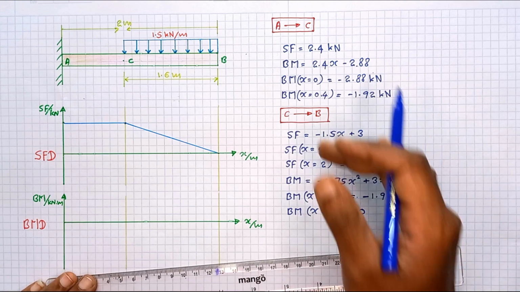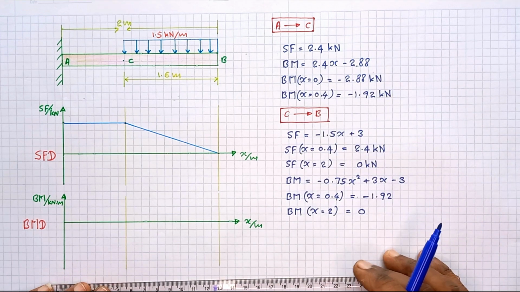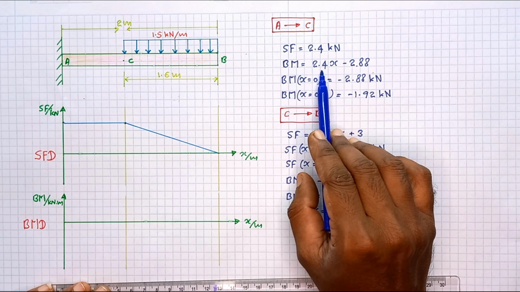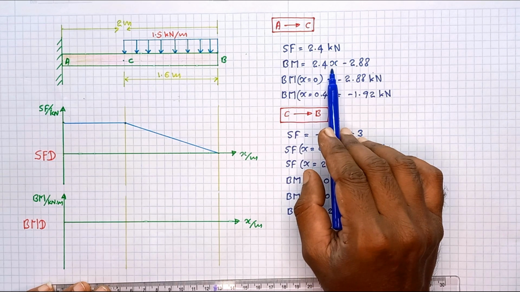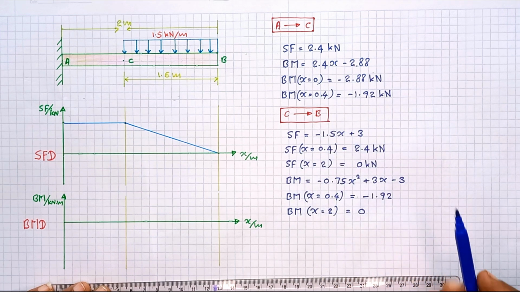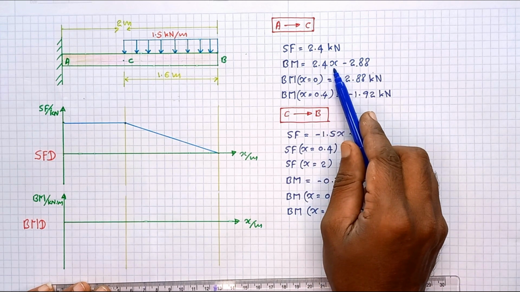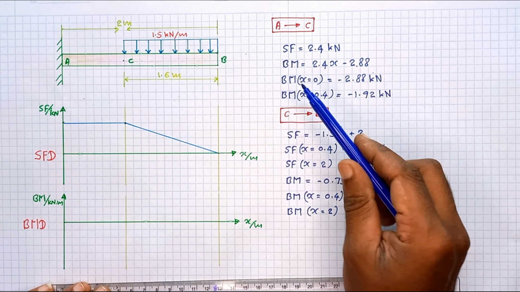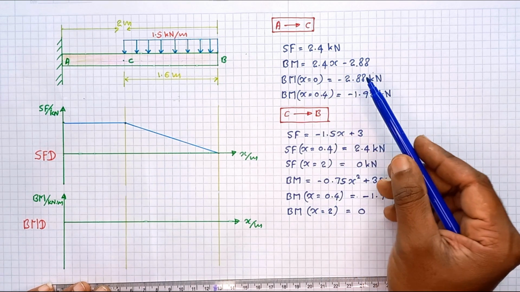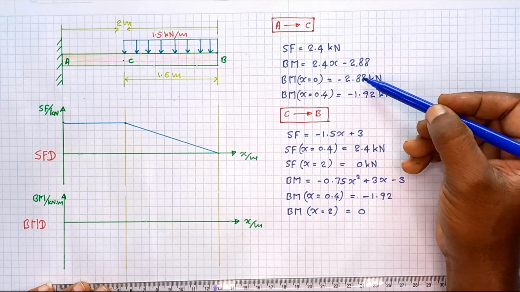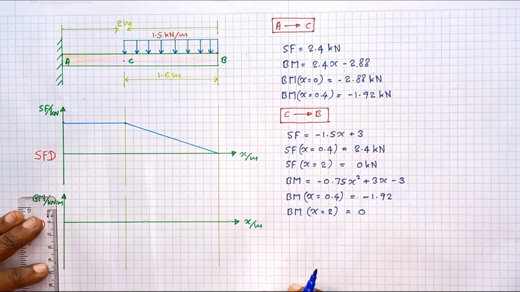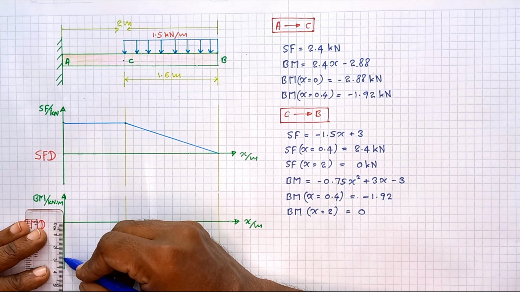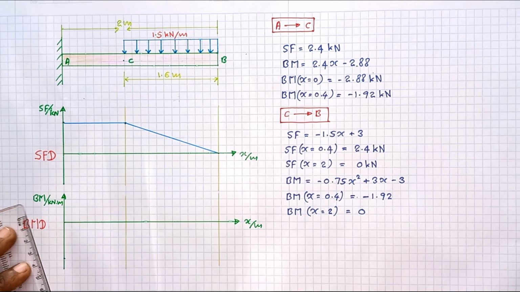And now we are ready to draw the bending moment diagram. If you take the A to C region, the equation is linearly varying with a positive gradient, equal to 2.4. If you know the 2 points, we can draw the straight line. The bending moment at x = 0 is equal to -2.88. So let me mark the point, somewhere here.